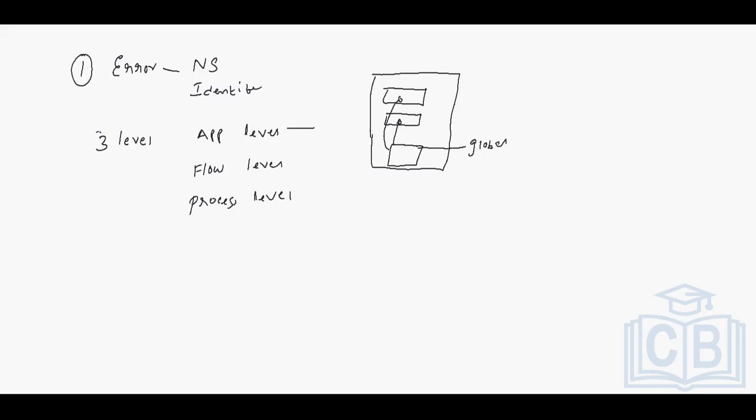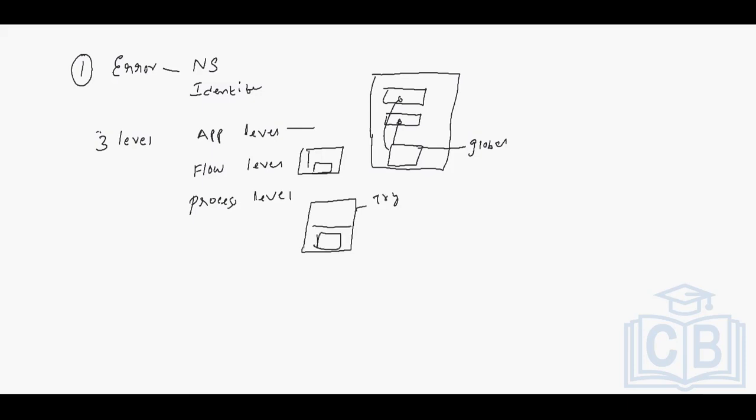Flow level means each flow has a separate error handler section. If you define error handling logic in the flow specific space, that is called flow level error handler. Processor level means we will wrap the processor inside the try block. The try block has a dedicated error handler section.